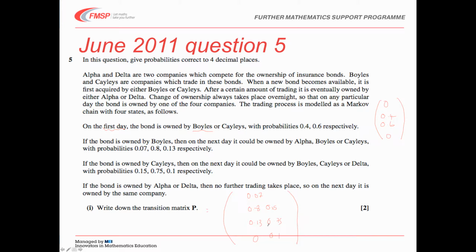Then we've got the first and the last rows: if it's owned by Alpha or Delta, no further trading takes place, so it's owned by the same company. Straight away you can see we've got those absorbing states, which they're going to ask about in the next bit. So that's the transition matrix, 2 marks for writing that down.